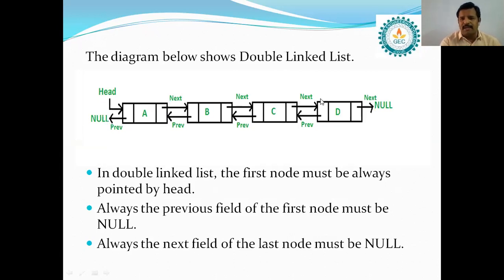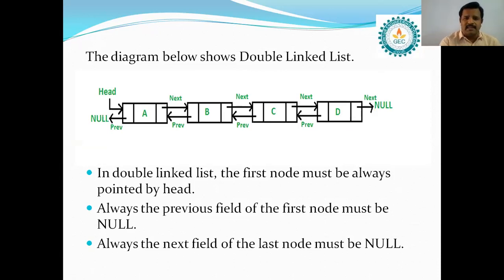In a similar way, D is the last node in the list. The next part of the node D contains a null value, which means that this is the end of the list. It does not have any other nodes after the element D, right?